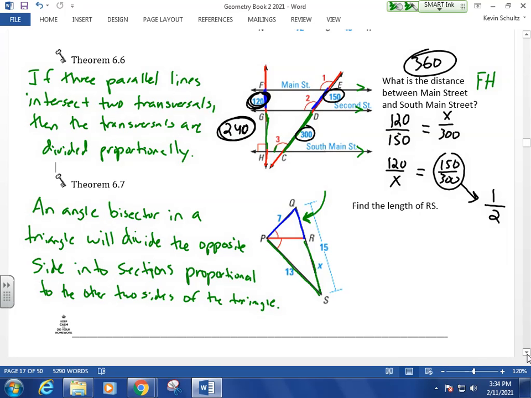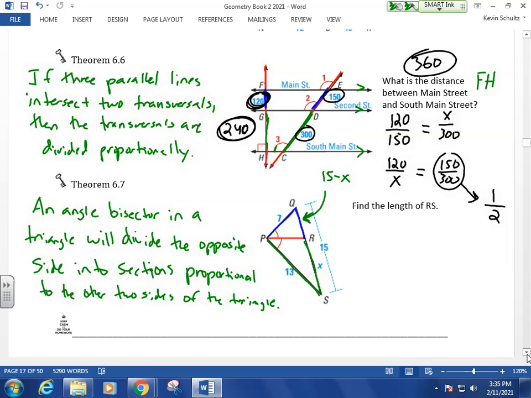Well, kind of using the segment addition postulate, we can say that this is going to be 15 minus X. The whole thing is 15. We subtract RS from that. What we're left with is going to be the value of QR.